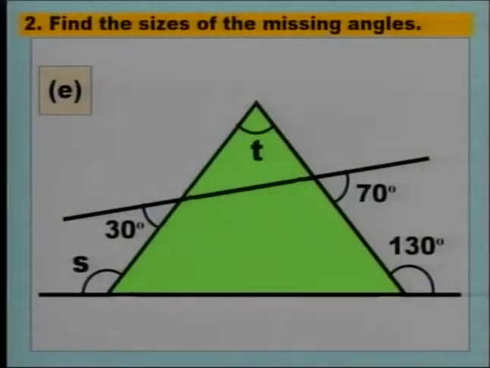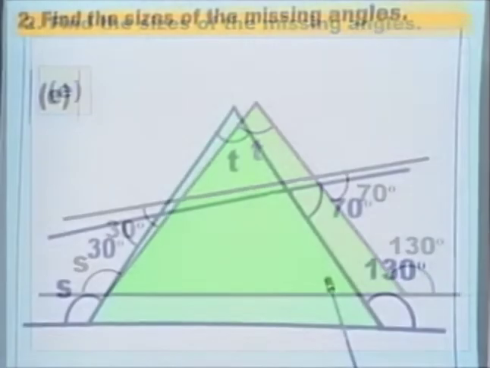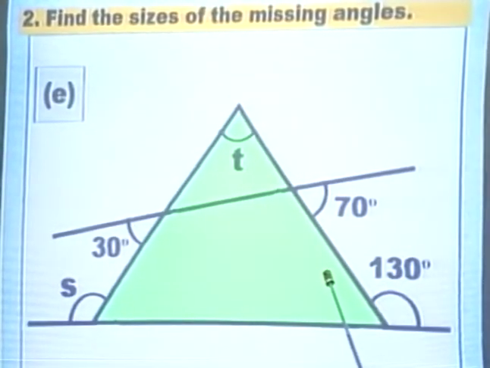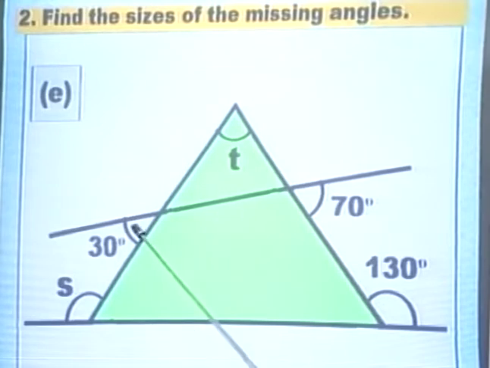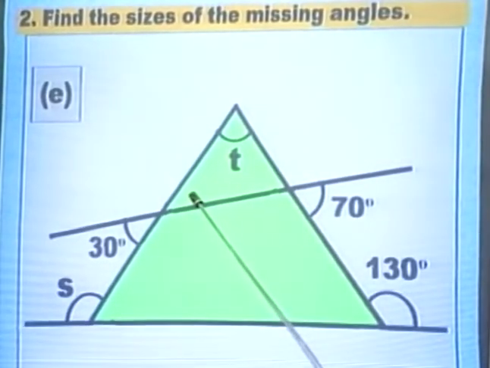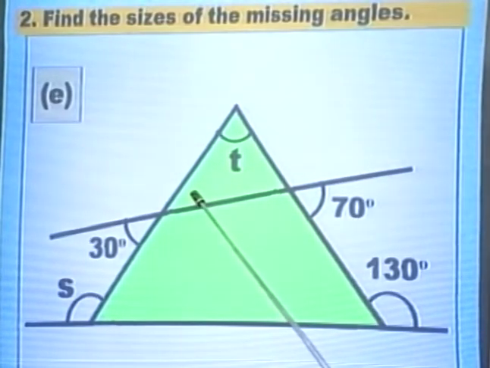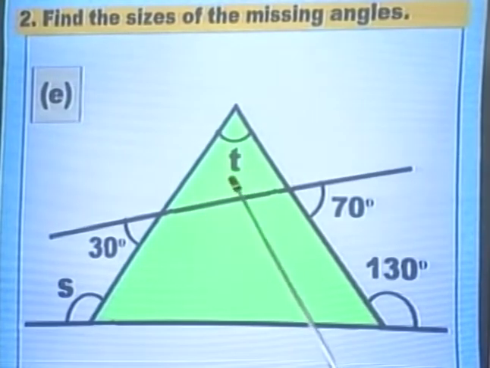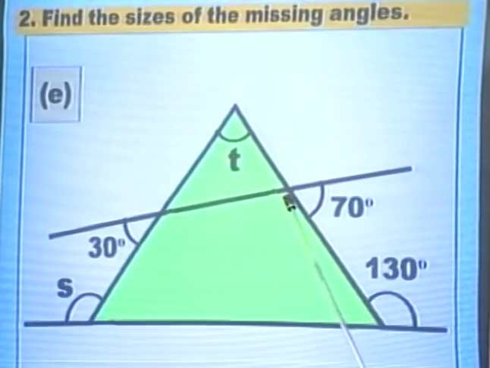Have a look at the screen. Okay, you are asked to find letters S and T. If this is 130 degrees, this is going to be 50 degrees because they are angles in a straight line. Okay, if this is 30 degrees, this is also 30 degrees. Okay, if this is 30 degrees, this angle is 70 degrees, this is 110.